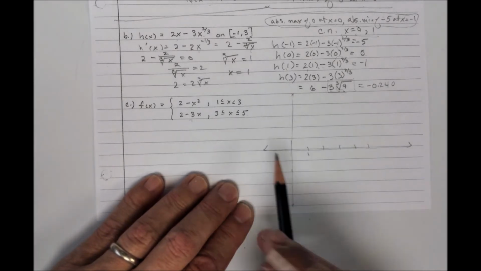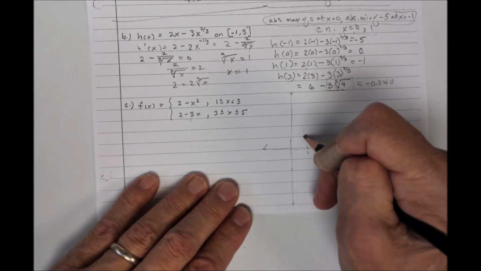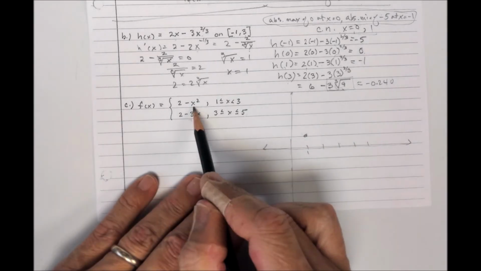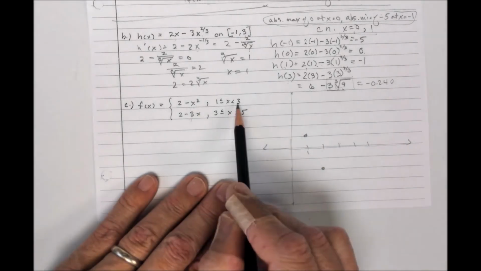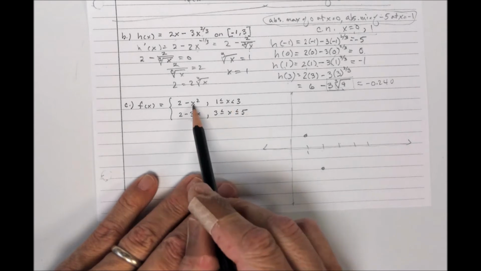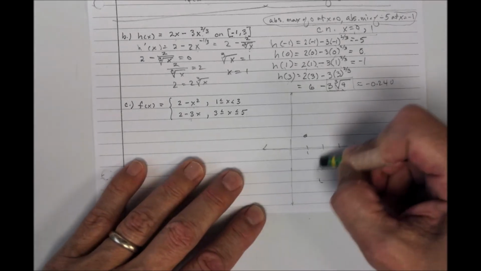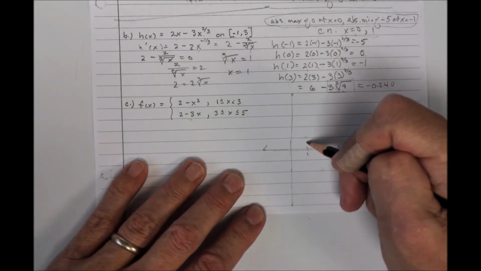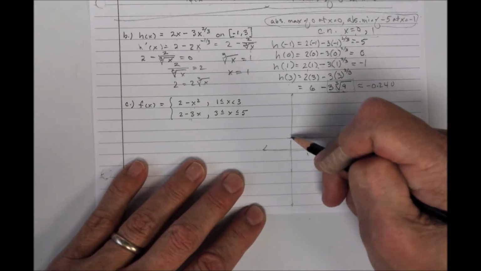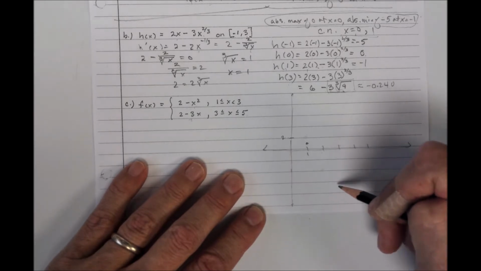At 1, I'm at 1. At 2, I'm at -2. And at 3, although I don't include the endpoint, I would be at -7. Uh-oh, did not make my sketch big enough. So we're going to have to change the scale here a little bit. So down here, -7 at 3.